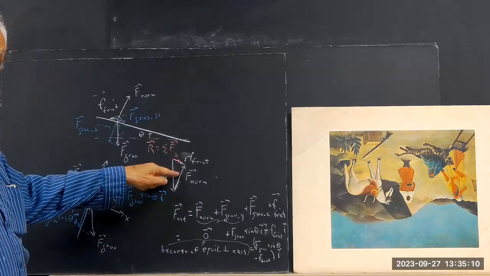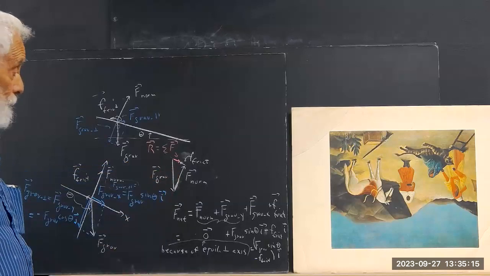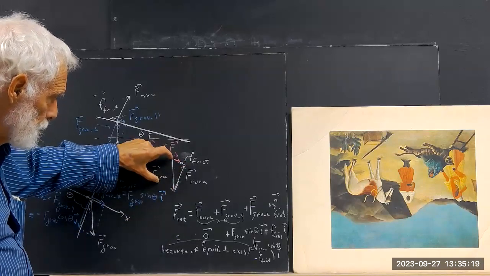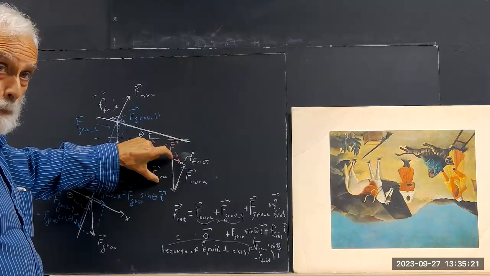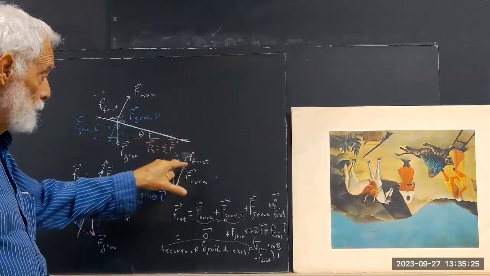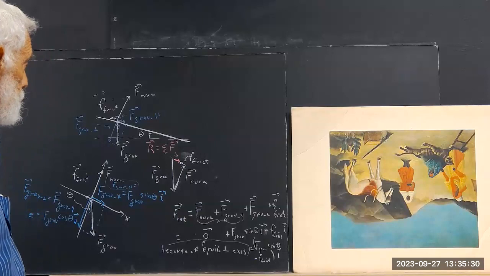That's just what the picture tells you. The F norm is equal to the component of F graph perpendicular to the incline. Here's your force of friction. Works out.